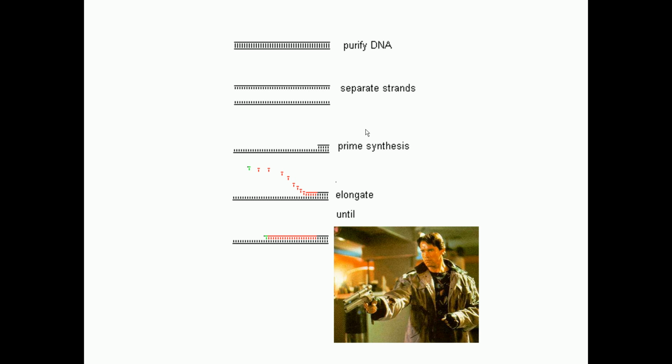The two strands are separate, and then there is an attachment of a primer, but in our cells the primer is RNA, because there is an enzyme called primase. It attaches the RNA primer, and then after that it's the same thing. So this will keep on elongating, this strand will keep on building up if the deoxynucleotides are being attached, because deoxynucleotides have an OH group at the 3' end.